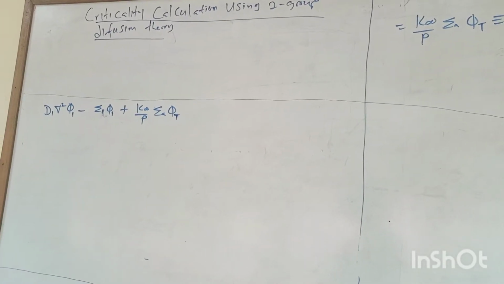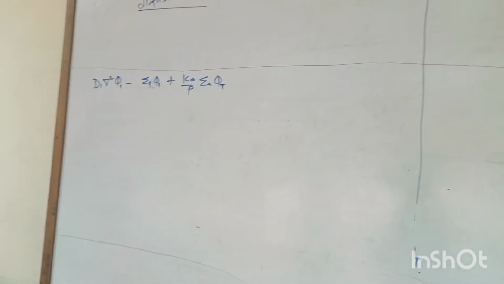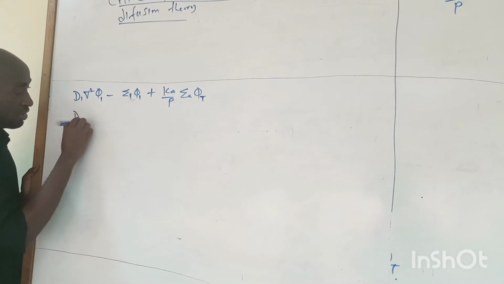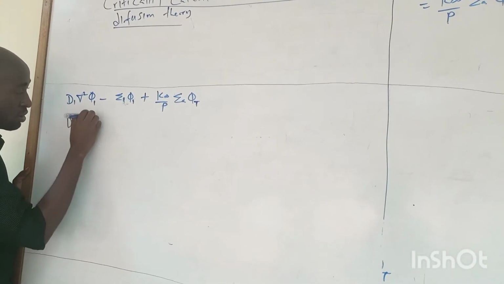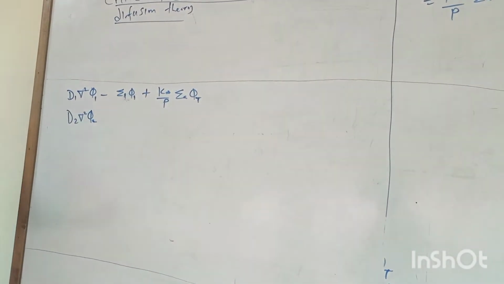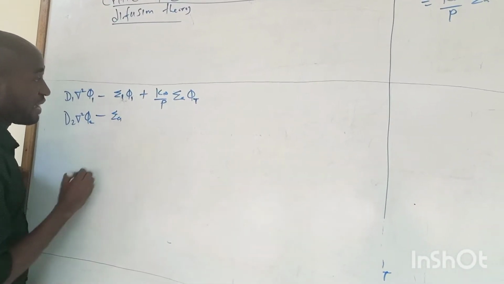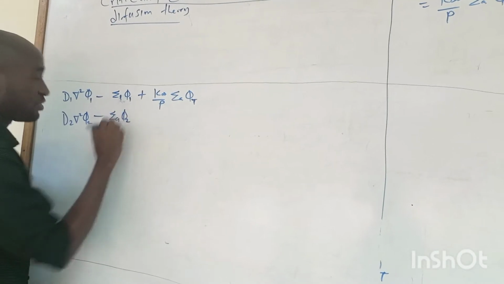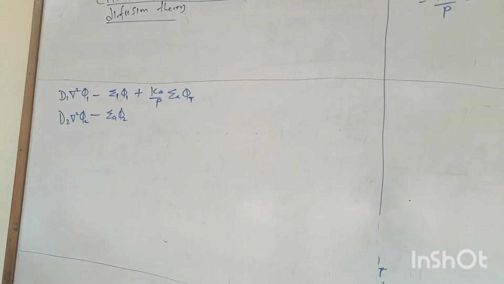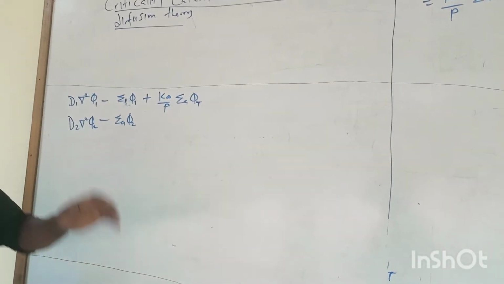Now let me write the diffusion equation for the second group: D2 ∇²φ2, and there will be an absorption, minus Σa φ2. What is the source?